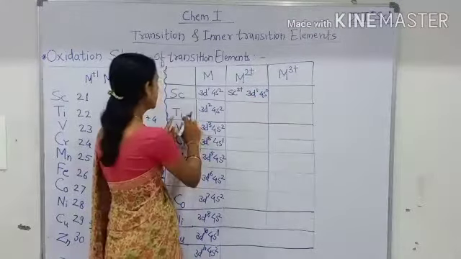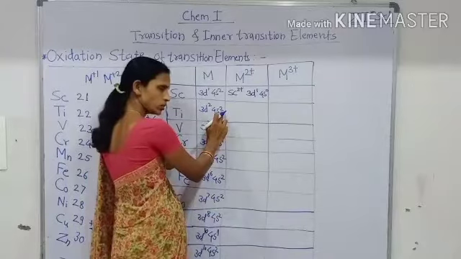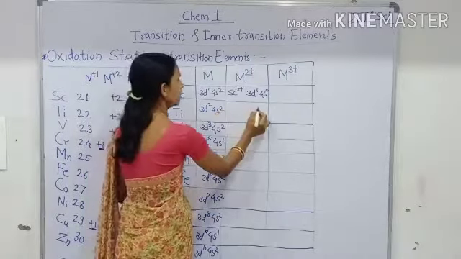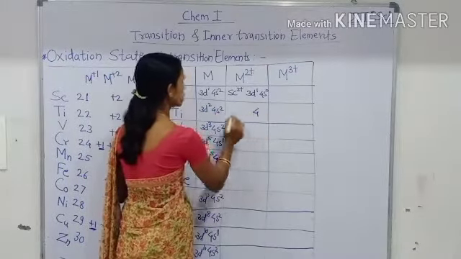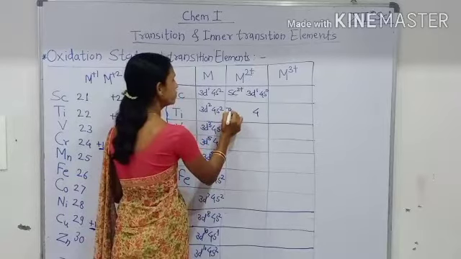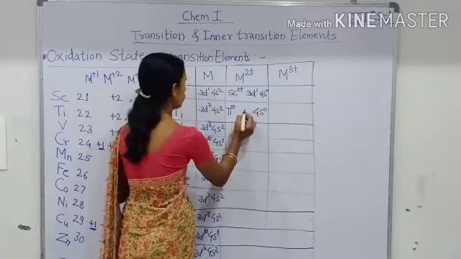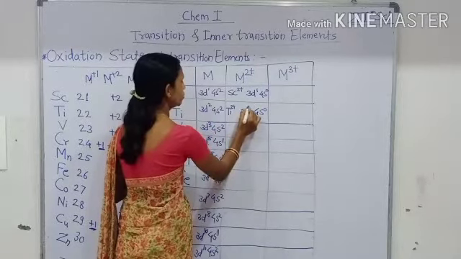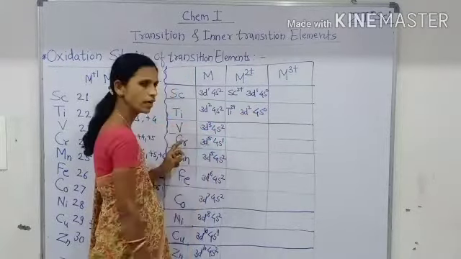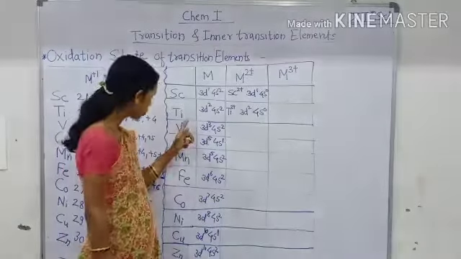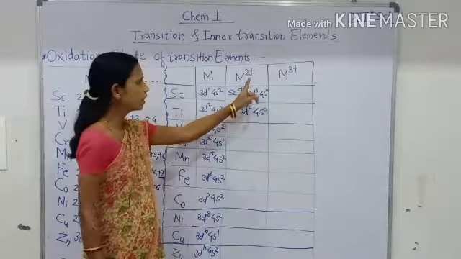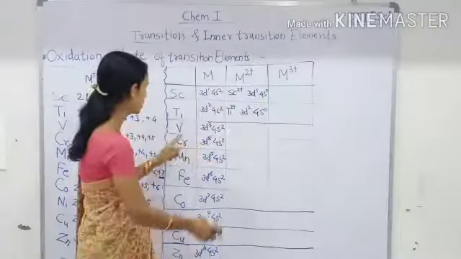Similarly, when titanium loses 2 electrons from 4s, the electronic configuration for the titanium 2 plus ion is 4s0 and 3d2.